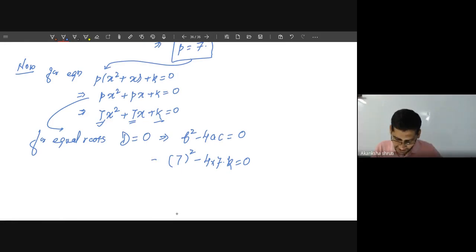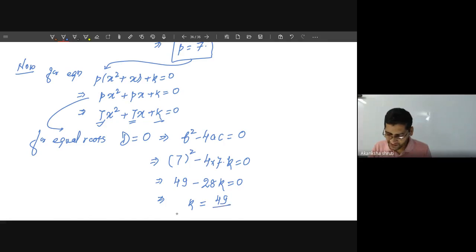So this is 49 minus 28k is equal to 0. K you can calculate: 49 by 28, the 7 will get cancelled. So 7 by 4. Therefore, the value of k is 7 by 4. This was the required answer.